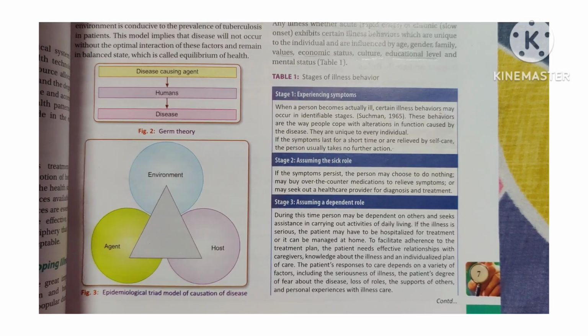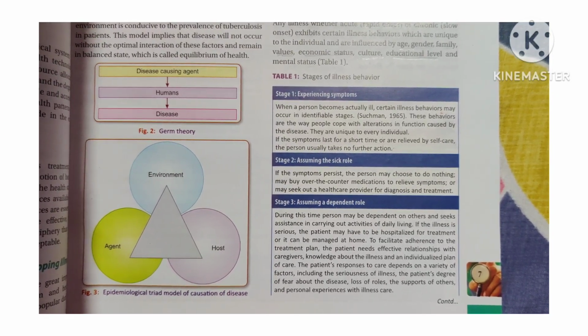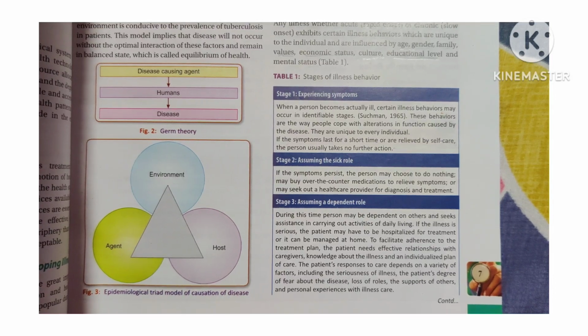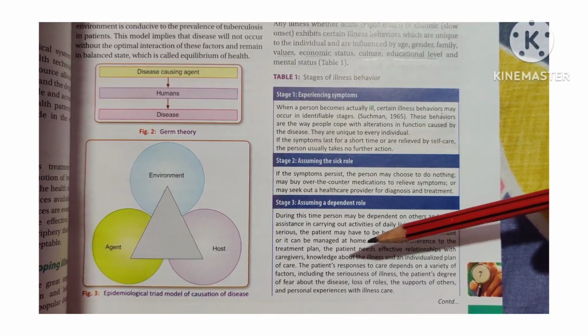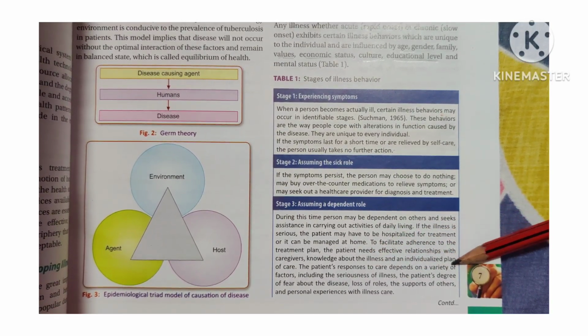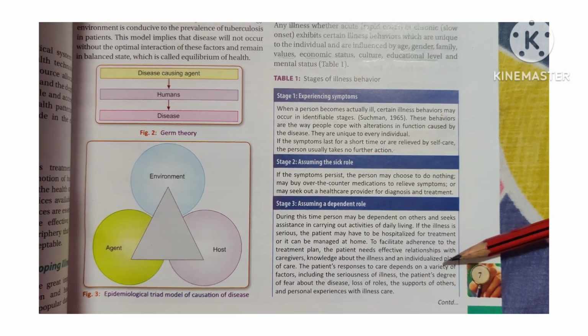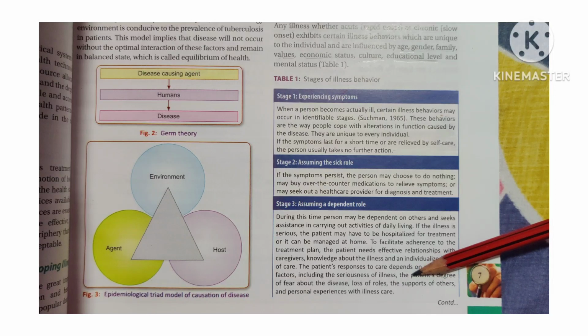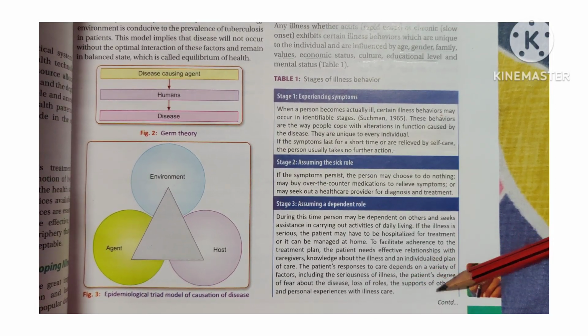So here the patient needs what? He has to have an effective relationship with his caregivers, knowledge about the illness, and an individualized plan of care, which is very, very important. The patient's responses to care depend on a variety of factors, including the severity of the illness, the patient's degree of fear about the disease, loss of roles, the support of others, and personal experiences with illness care.